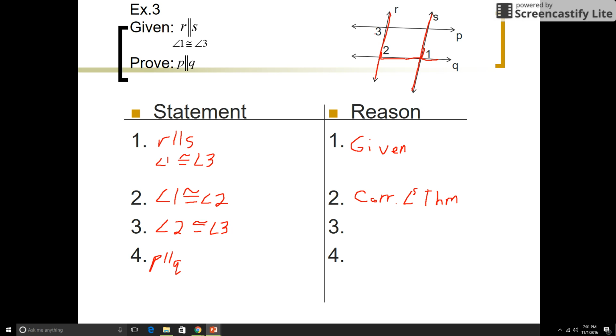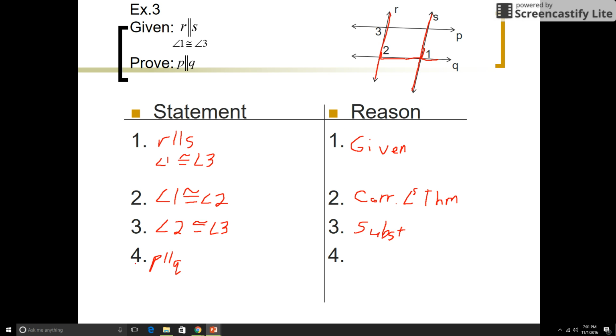Now this time, because I do not know that my P is parallel to Q, I cannot write down the special type of angles they are. But what I will do, since I know 3 and 2 are both congruent to 1, then I will write down, I just plugged it in, and so that's going to be substitution.